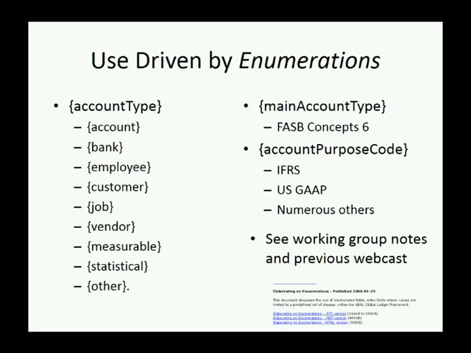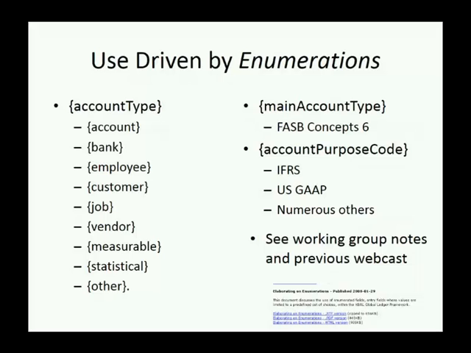In our last webcast, we spoke about enumerations, and in our account structure, we use the enumerated field account type to help identify whether an account is representing a typical general ledger type of account in this accounting sense, or bank accounts, or employee accounts, or customers, or vendors, or statistics, or things that you'd find in the measurable structure.